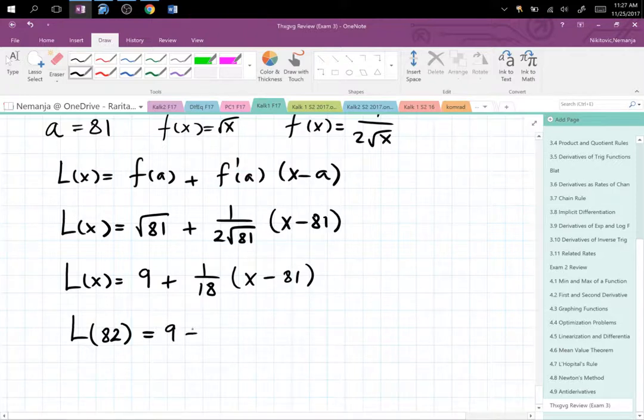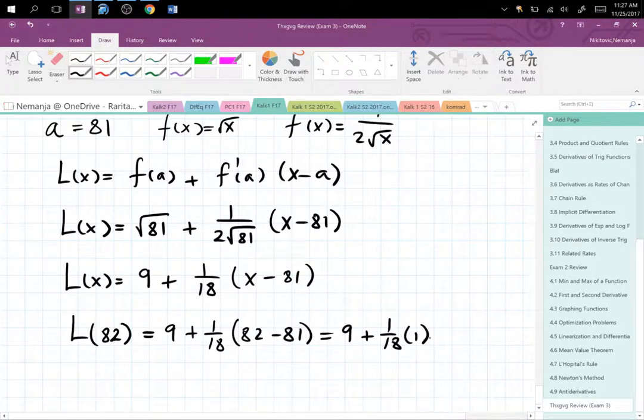So that's 9 plus 1 over 18, 82 minus 81, is equal to 9 plus 1 over 18 times 1. So this is 9 and 1/18 as a mixed fraction.